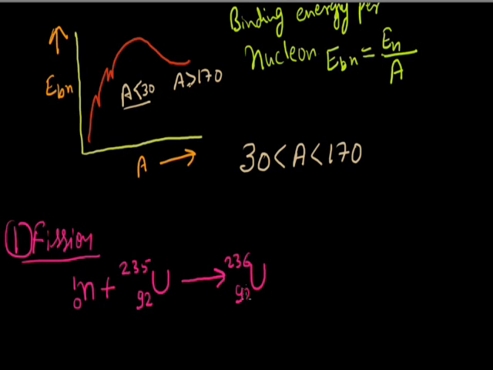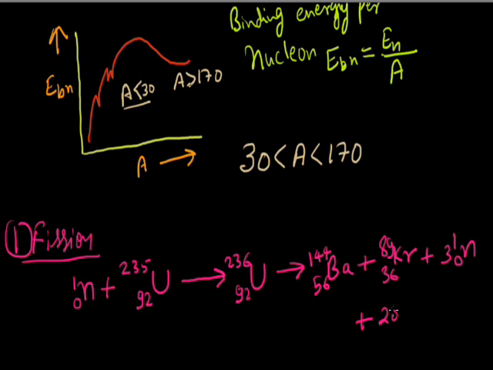We'll get 92U236, and this uranium will break itself into barium 56 144 plus krypton 36 89 and we'll get 3 neutrons plus approximately 200 mega electron volt energy.